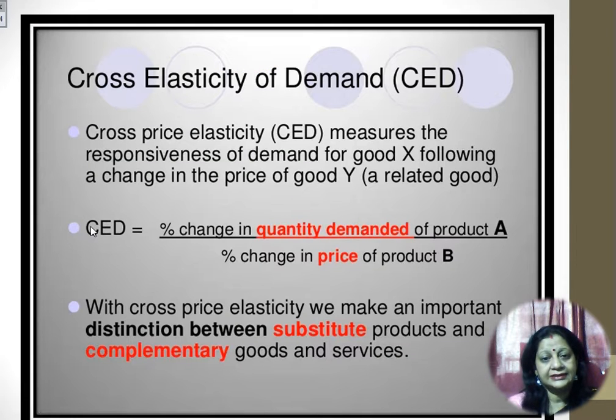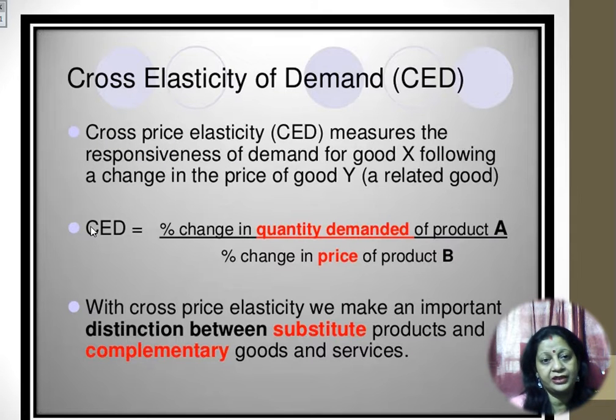Cross elasticity of demand. Cross price elasticity measures the responsiveness of demand for good X following a change in price of good Y. That means here we are talking about the substitute. If due to one reason or the other, the price of one good increases, then the people will switch to the next best alternative available in the market.